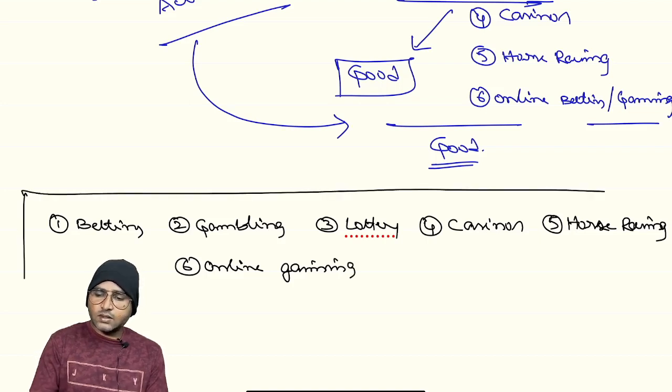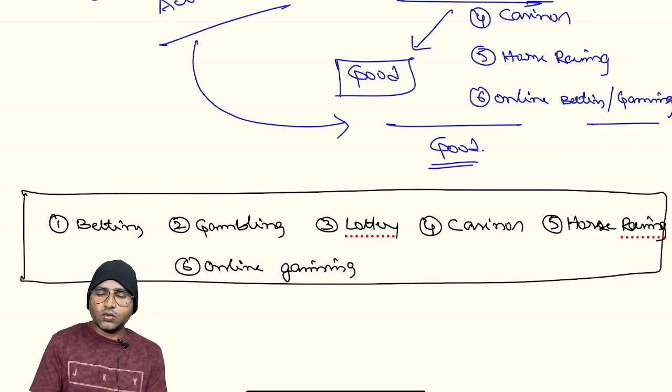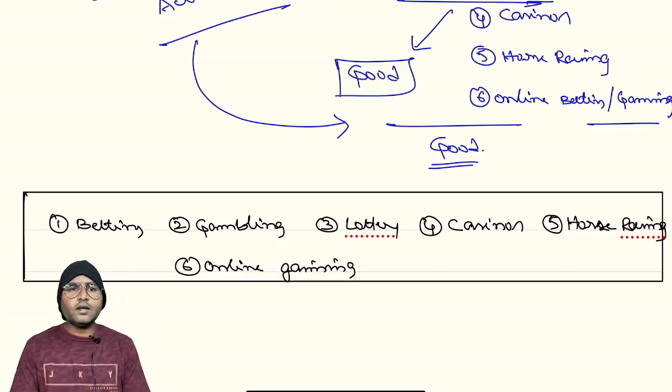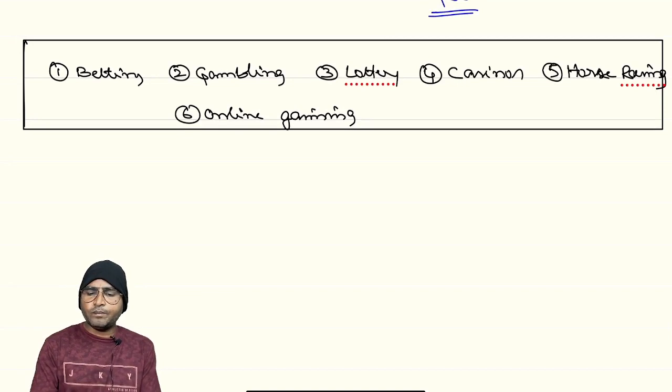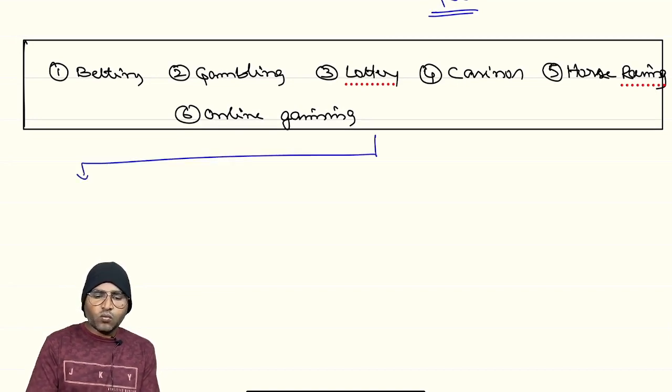All these things are covered under the definition of goods. Right? When these things are covered under goods, now the question is, what is the time of supply?